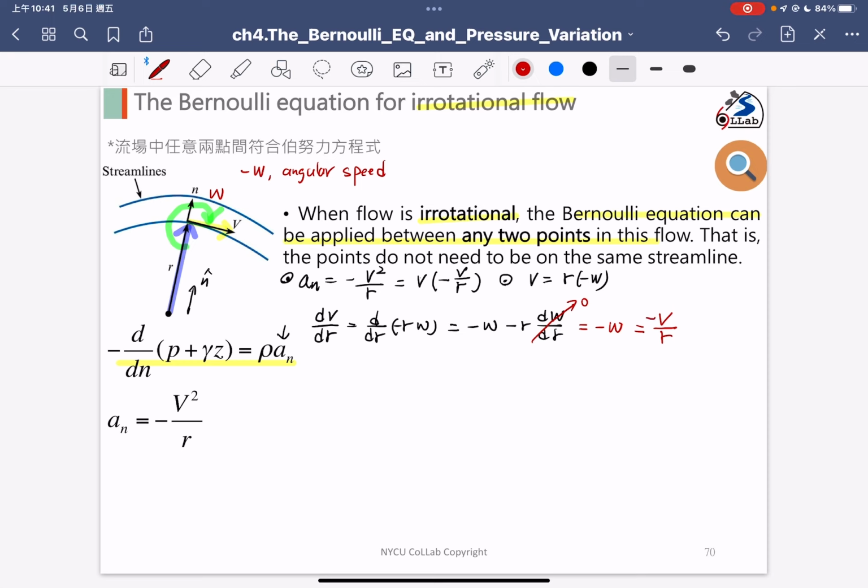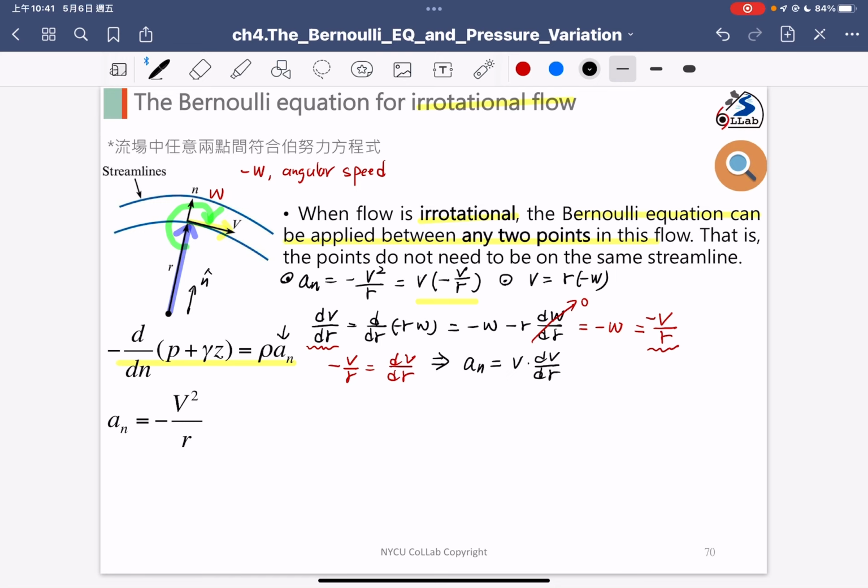So if you do the comparison with our first condition, we can replace minus v divided by r by dv dr, because of the left hand side and the right hand side. And we continue to reorganize the equation.